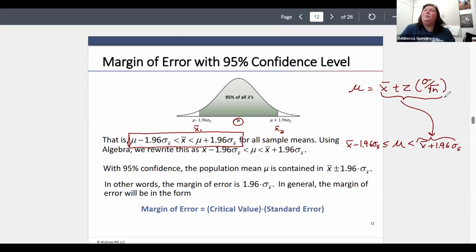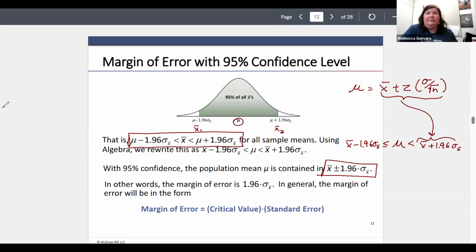So it's pretty much the same thing. Really, we're just modifying our z-score a little bit. So with 95% confidence, the population mean mu, even though we don't know it, is contained between x bar plus or minus 1.96 times sigma sub x bar.